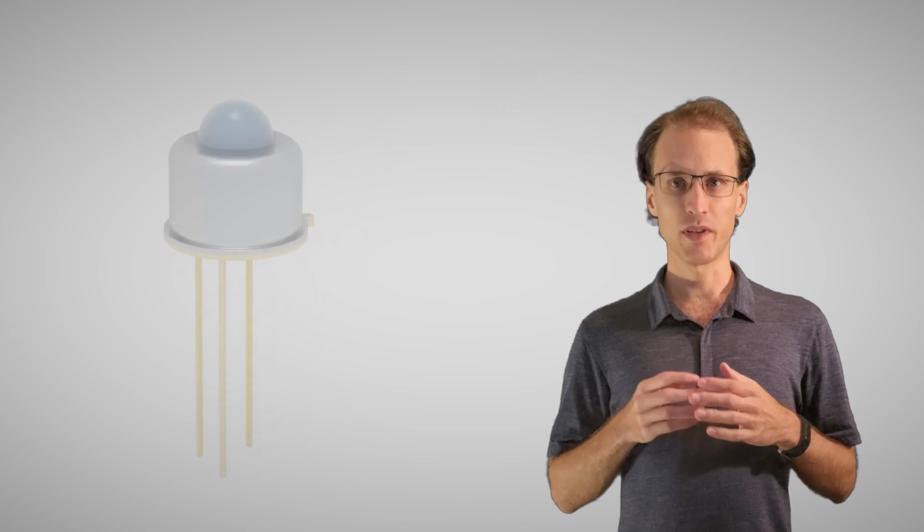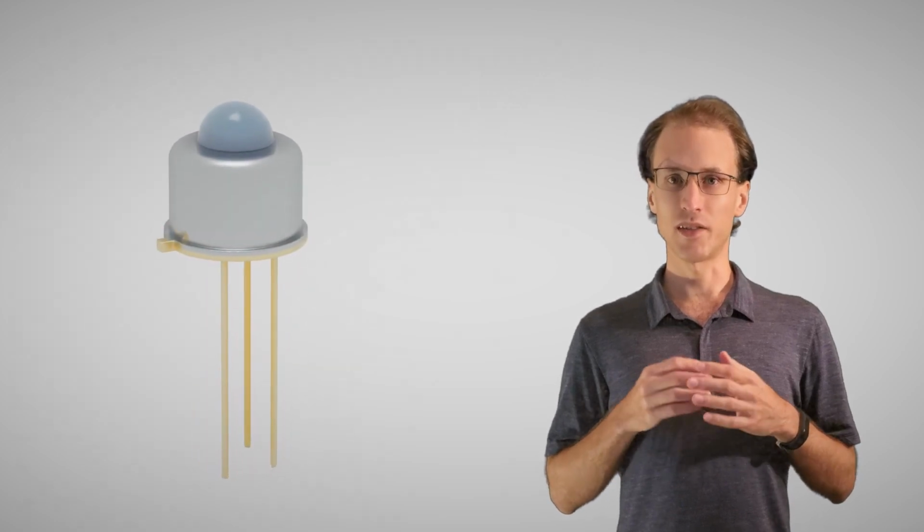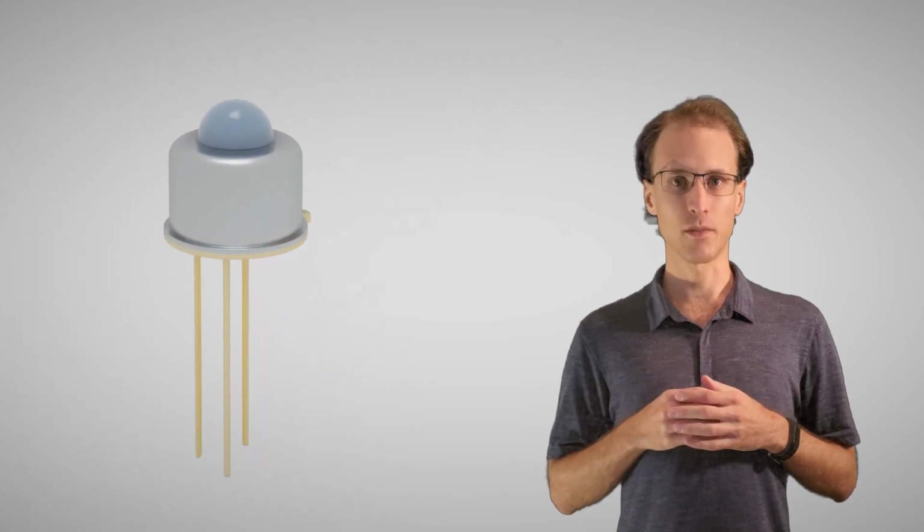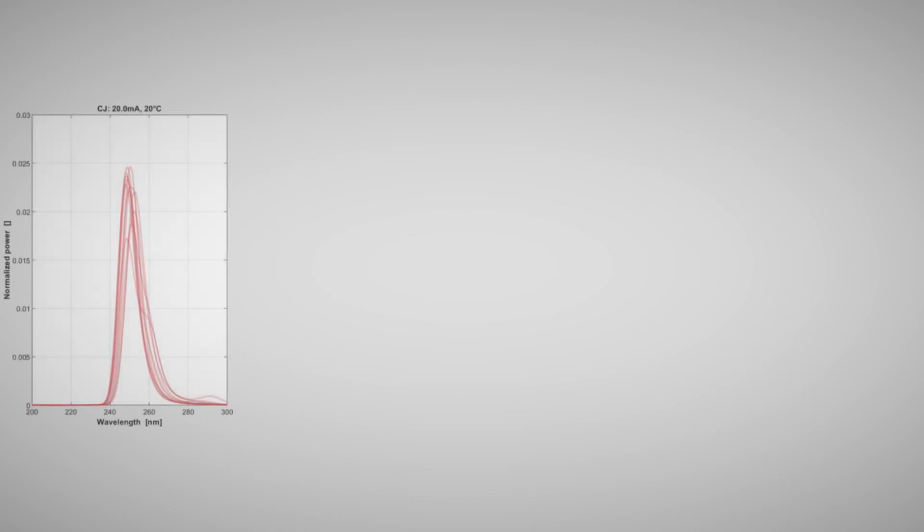It's time to get to the main event, our current Tier 05 CMD design. And it begins with the UV LEDs, as it is these that form the core of our system. Looking at the spectrum of a batch of LEDs from Crystal IS, while running them at DC 20 mA, we see that on average they emit a peak of 250 nanometers.